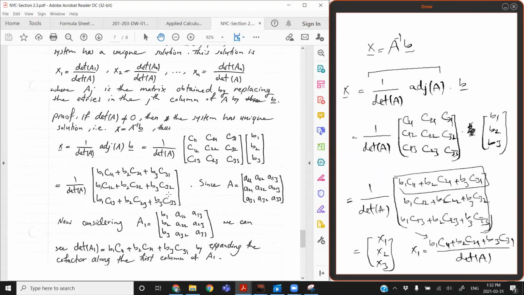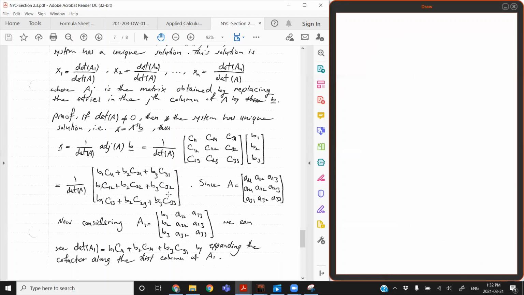Now let's see whether that's the case or not. Because according to Cramer's rule, determinant of A1 over determinant of A is x1. So let's see whether this quantity here is the determinant of A1.